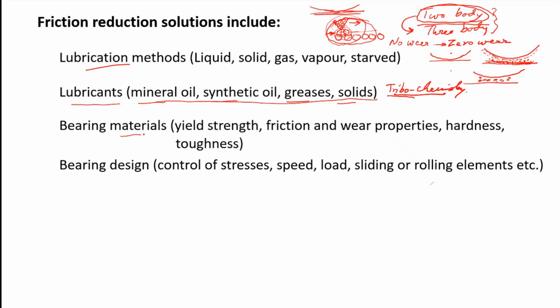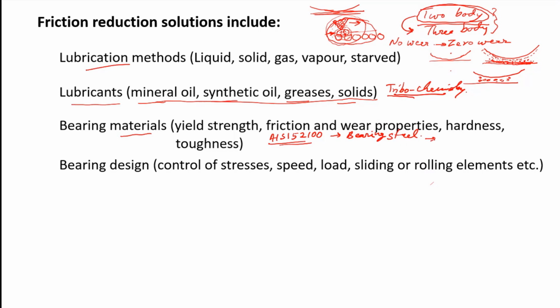Bearing materials, we talked about different types of bearing materials, and the very, very important one, first, is AISI 52100, which is known as bearing steel. There is a history of how this bearing steel was developed, but today bearing steel is used for all kinds of bearings.